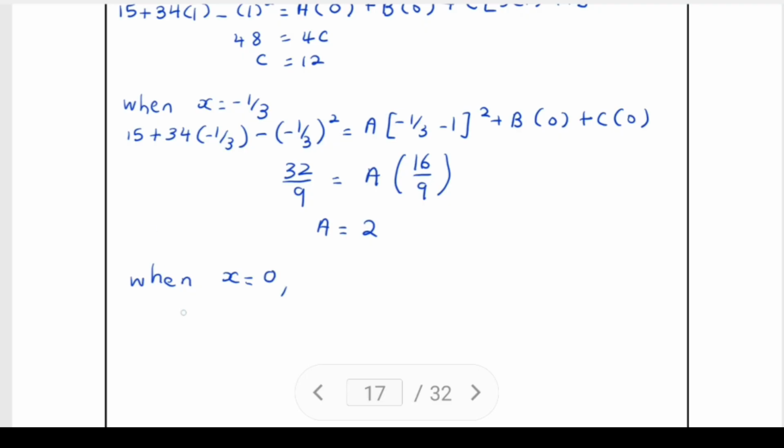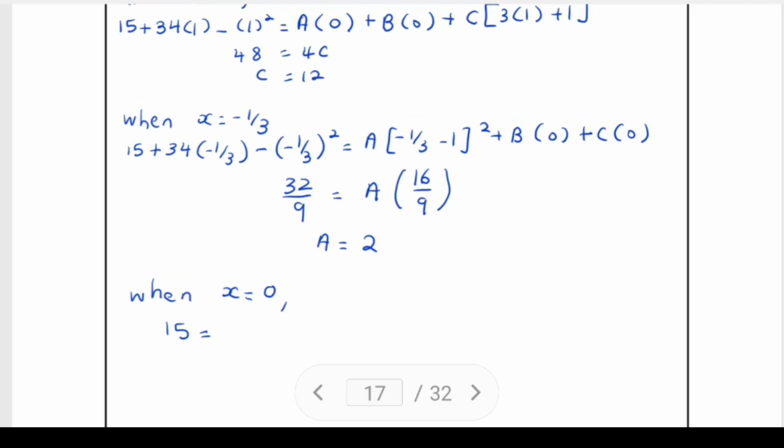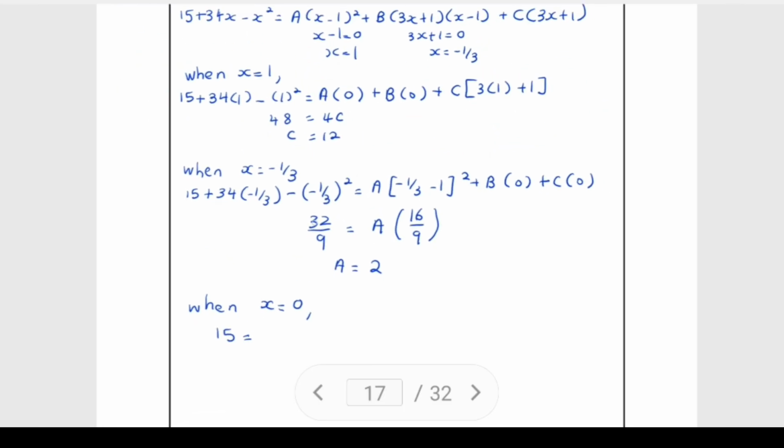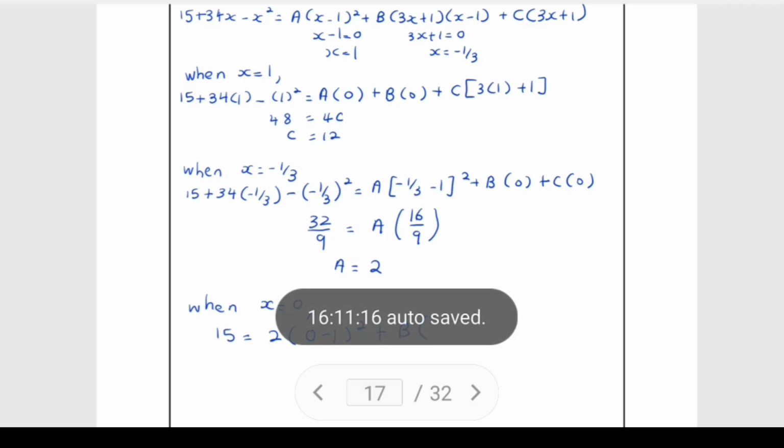When x equals 0, we're going to get 15 on the left hand side, and on the right hand side we substitute 2 into a times 0 minus 1 squared plus b times 3 times 0 plus 1.